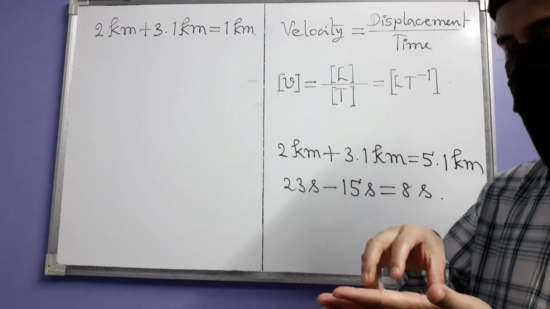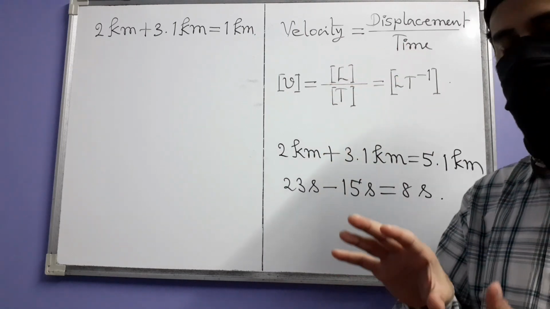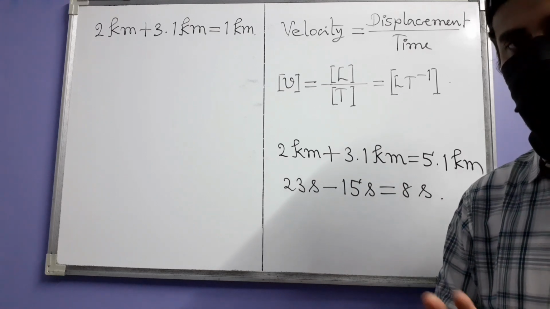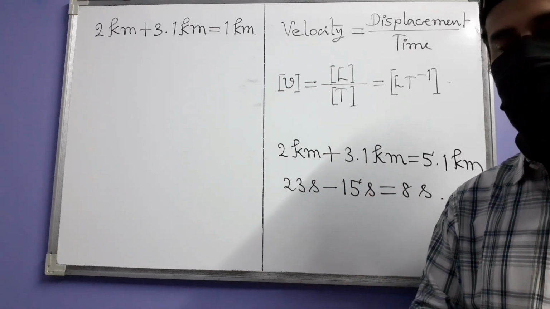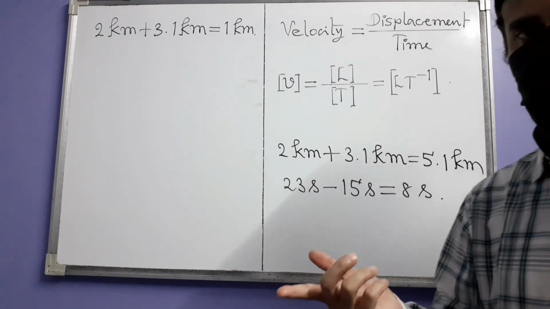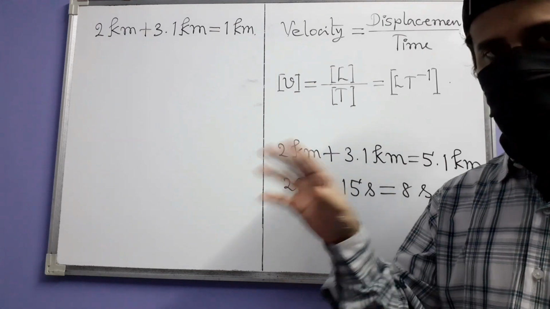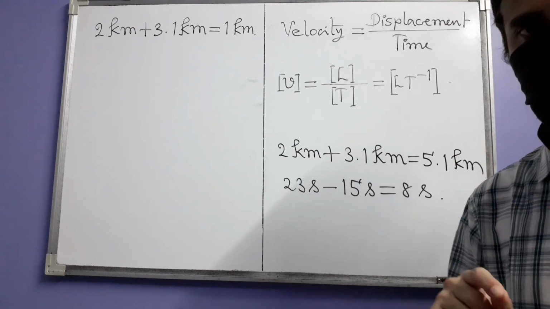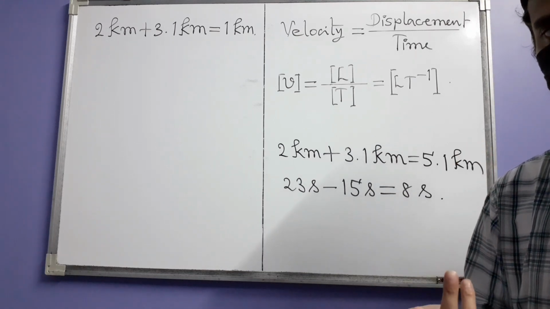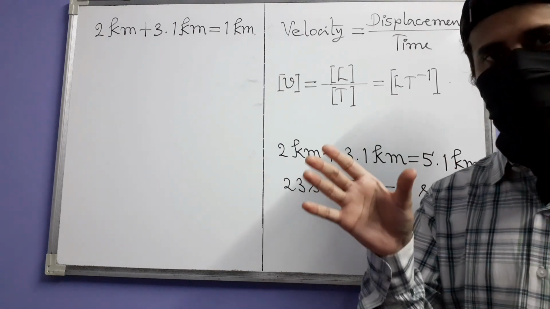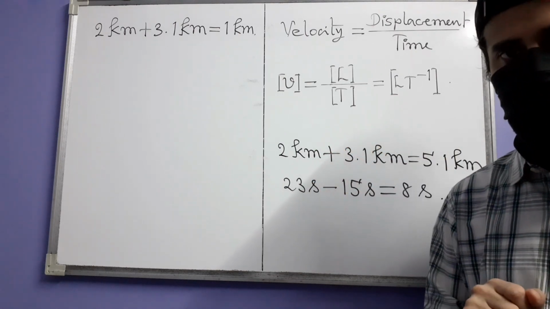So if an equation passes the dimensional consistency test, it's not guaranteed to be an actual physical equation. For that, you have to go to the theory from where this equation is derived, or you have to perform some experiment and see if you are really getting in the experiment what the equation is predicting.